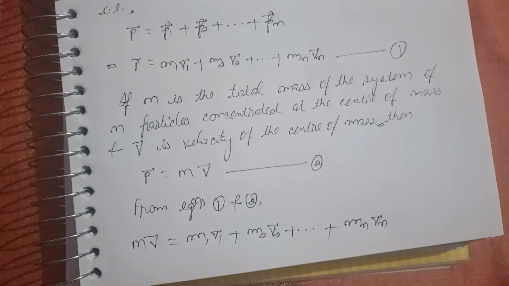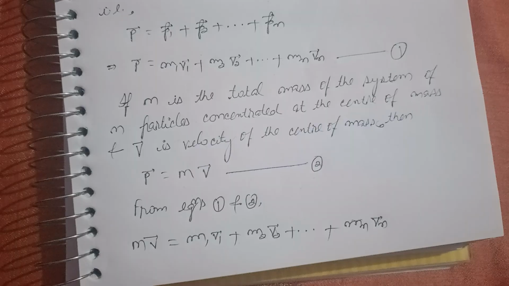Hence the total linear momentum of a system of particles is equal to the product of the total mass of the system and the velocity of center of mass.